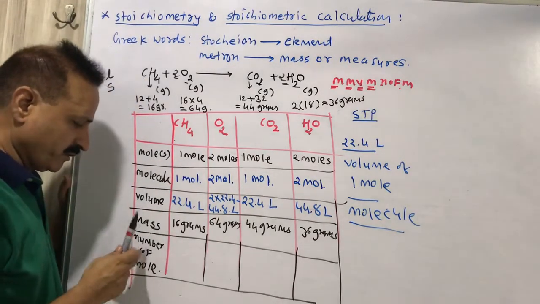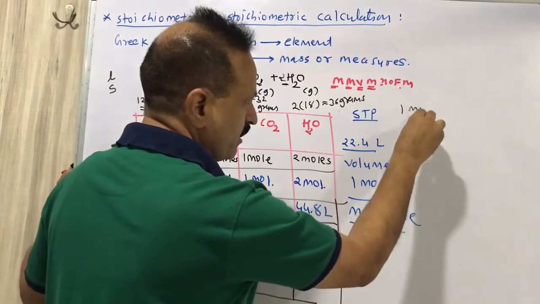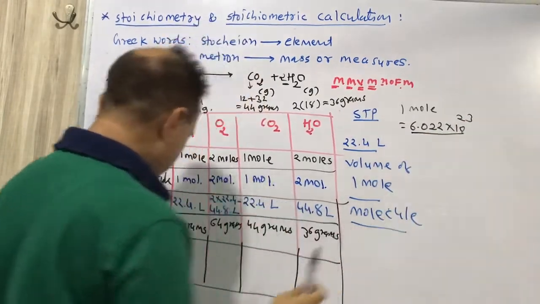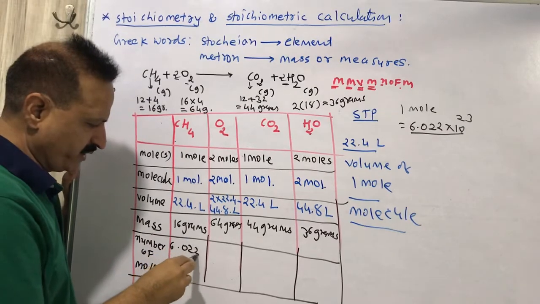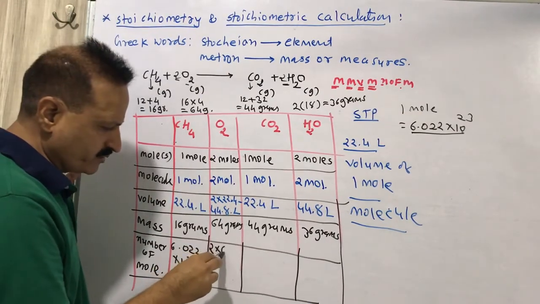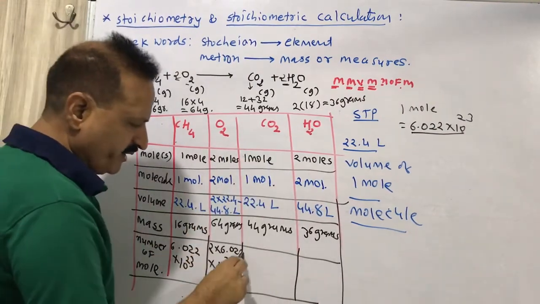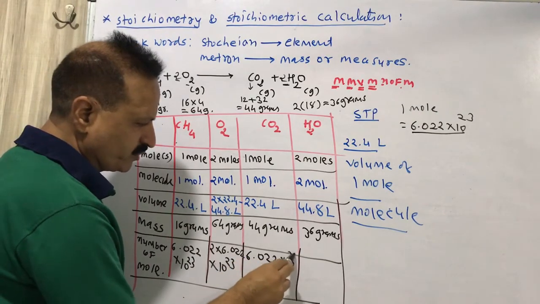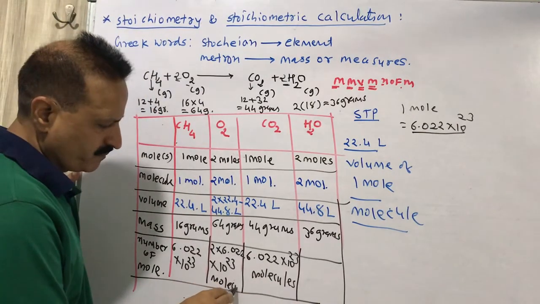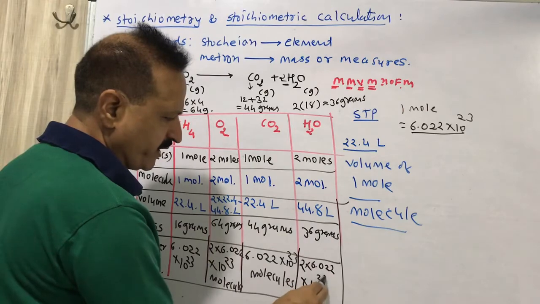Now the number of molecules. 1 mole is equal to 6.022 into 10 raised to 23 molecules. 2 moles means what? 2 into 6.022 into 10 raised to 23 molecules.